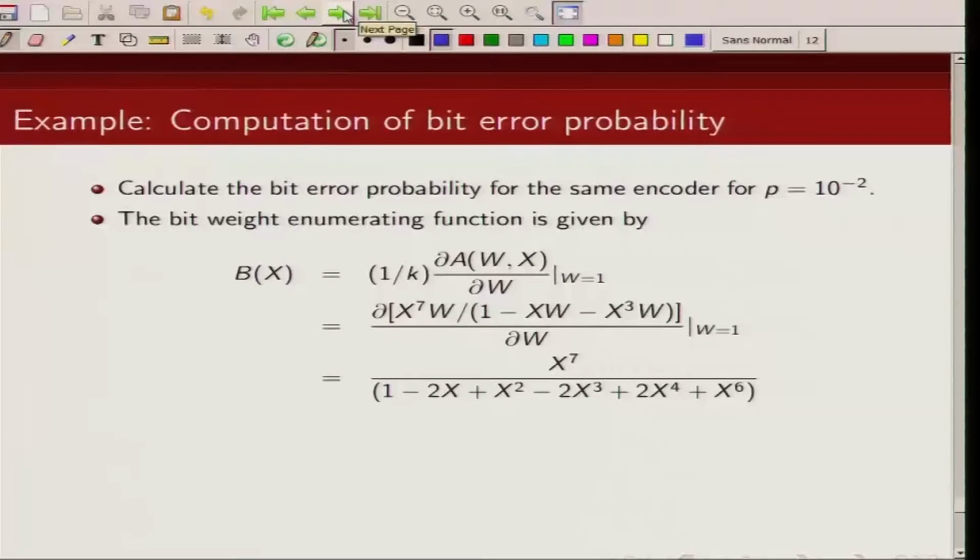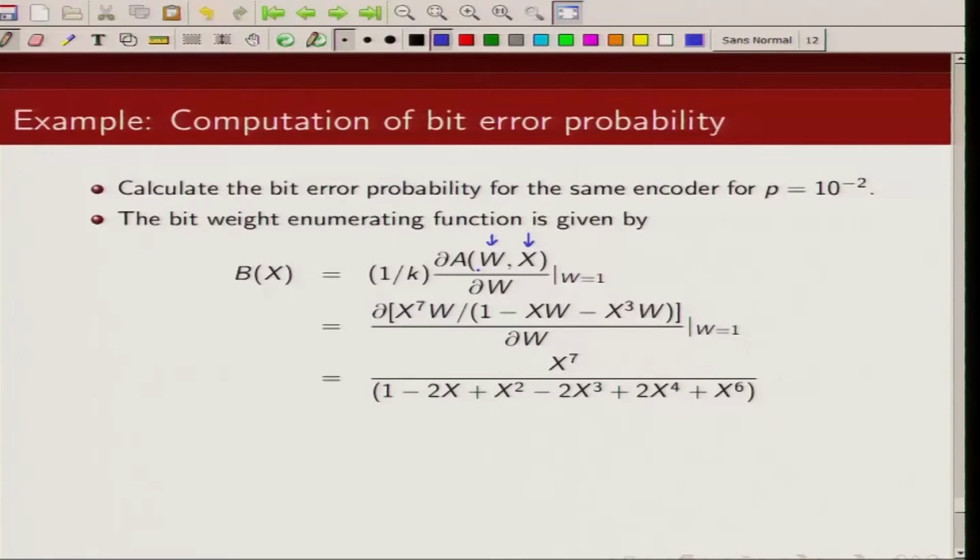Assuming you have the input output weight enumerating function, which will tell you what information bit causes what corresponding output weight, you can compute the bit weight enumerating function by taking the partial derivative of the input output weight enumerating function with respect to w, putting w equal to 1, and multiplying by 1 by k. If you do that, you will get the expression for the bit weight enumerating function.